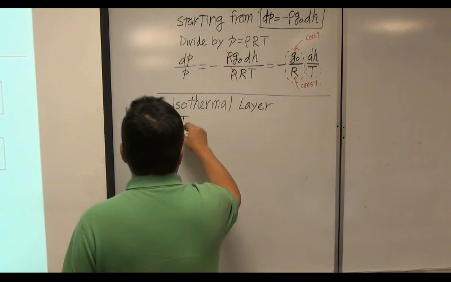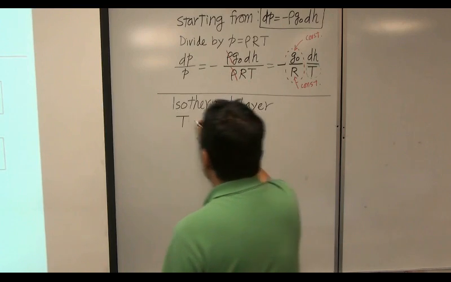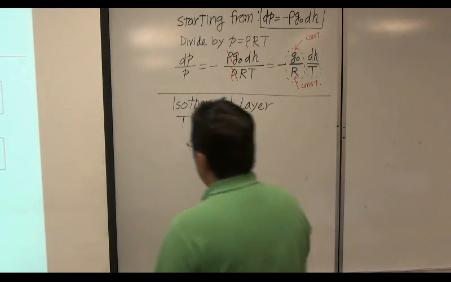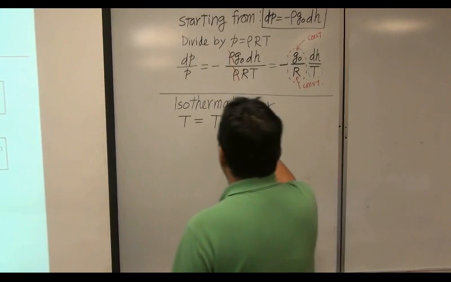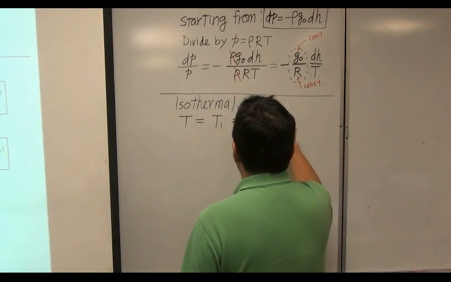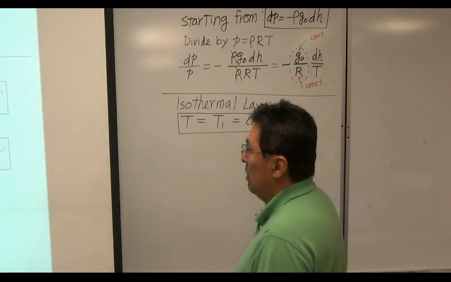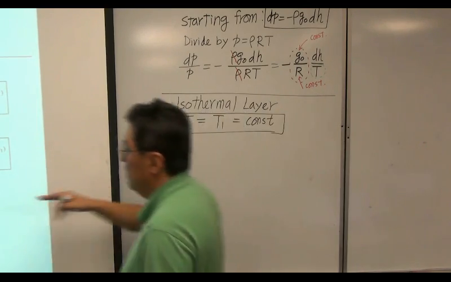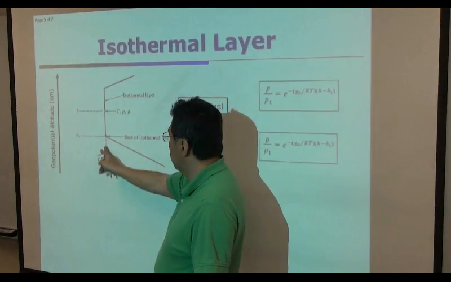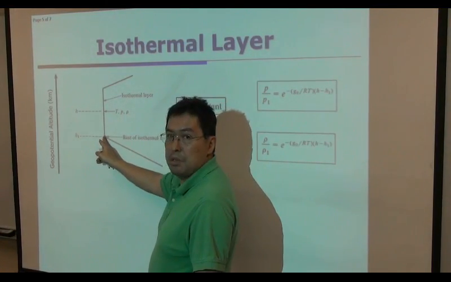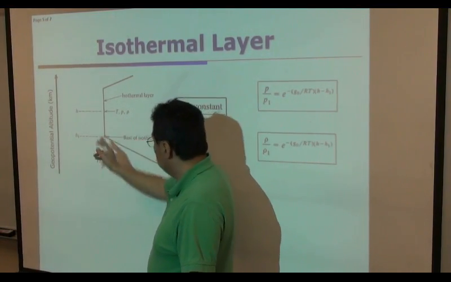Isothermal really means that the temperature at any location within is constant. So whatever the value at the base of this isothermal layer, the temperature remains constant.